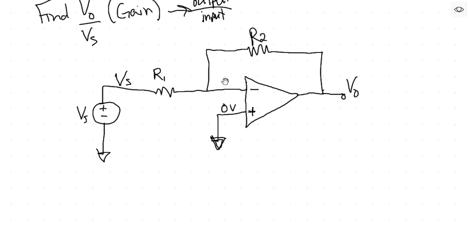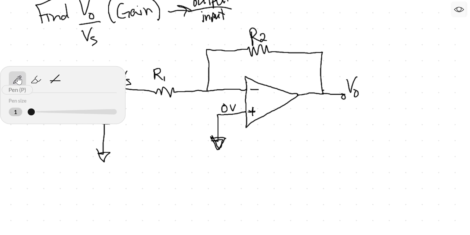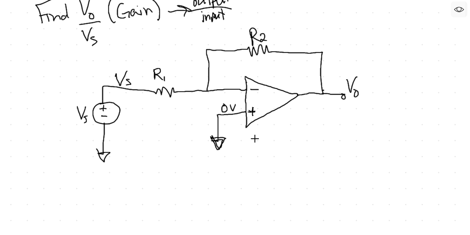So immediately we're going to assume that there's 0 volts right here. So basically this node is also ground, or it has the same potential as ground. This is our last node that we haven't talked about yet, and the value of that node is V out, and that's already labeled.